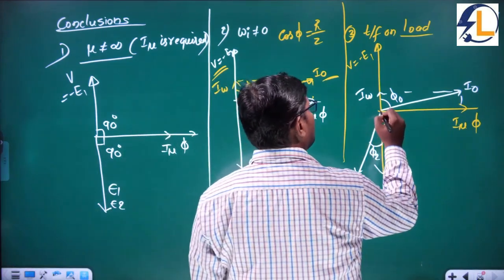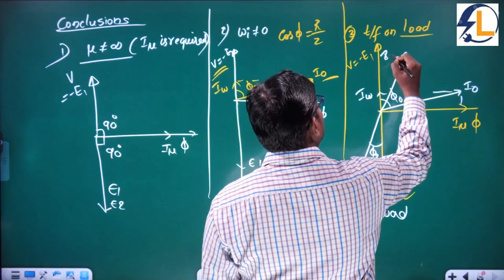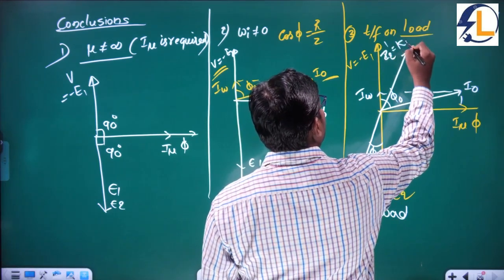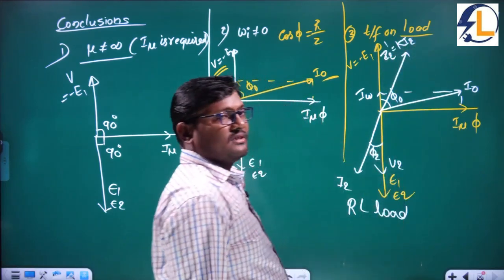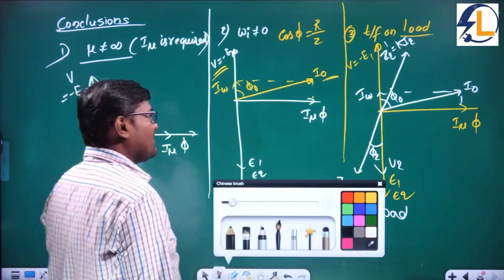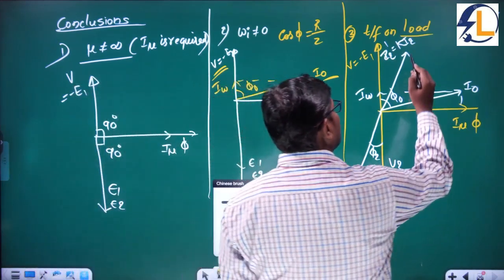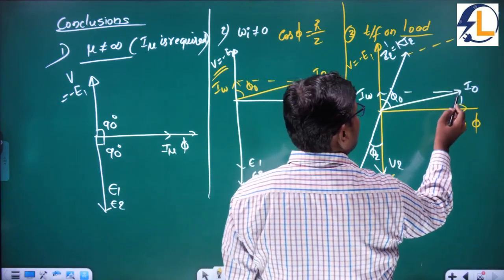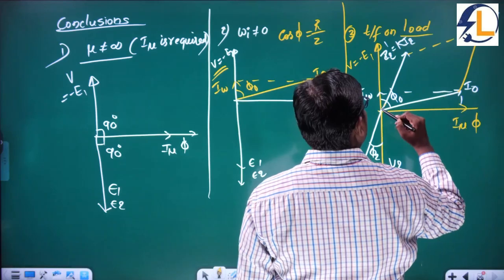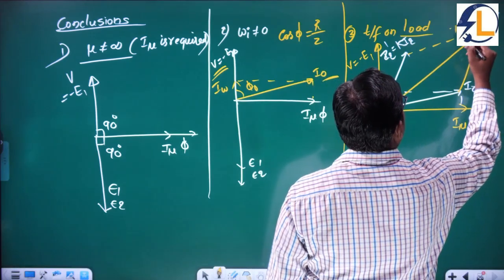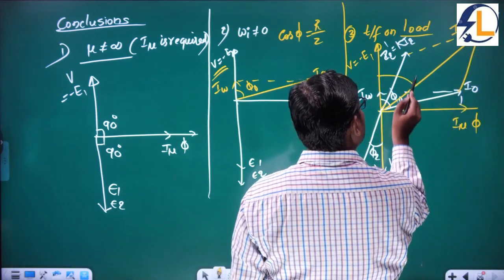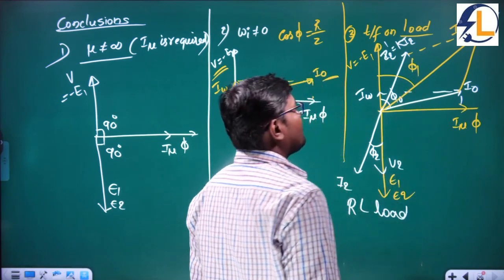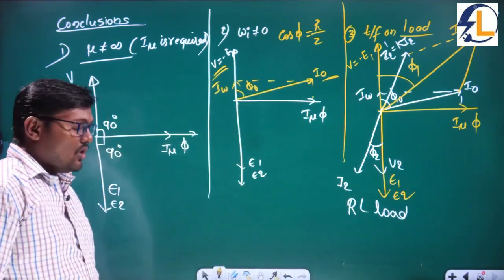So with this I2, there is a reflected current where I2 dash is equal to K times of I2. And by adding these two phasors, draw a line which is parallel to I0, draw a line which is parallel to I2 dash, then you will get the primary current. The angle between these two is called the primary power factor angle.